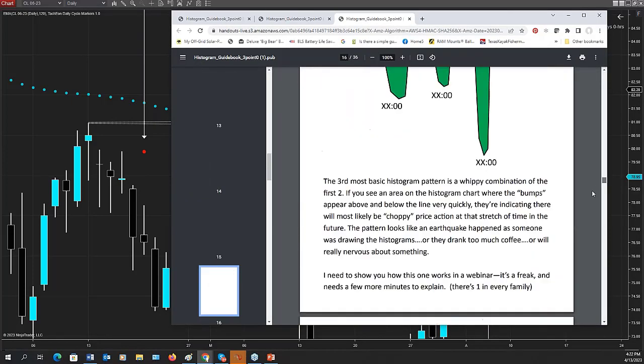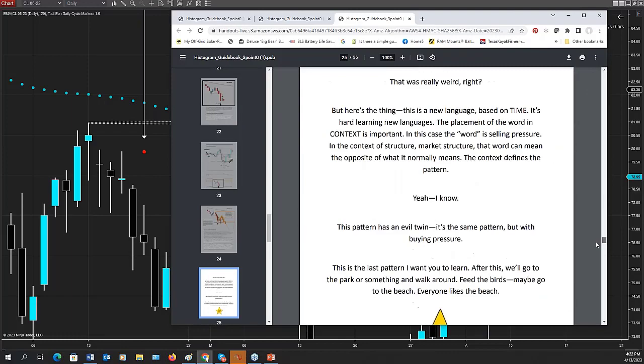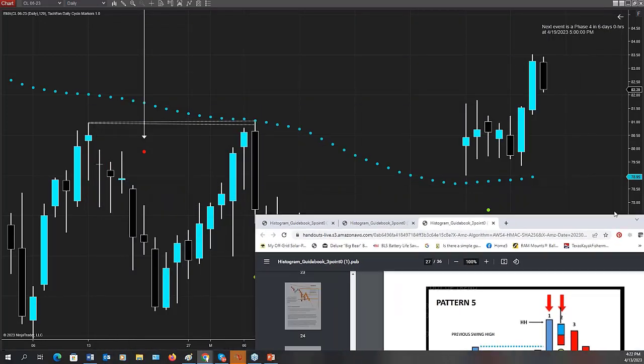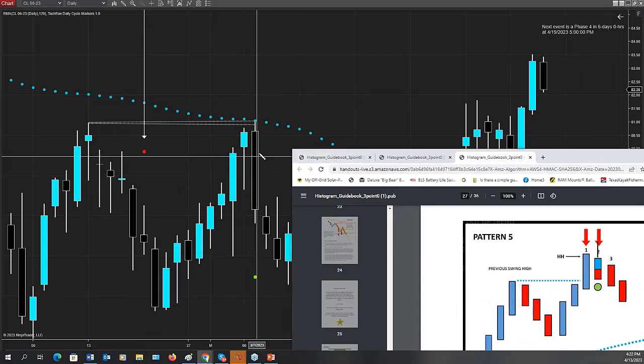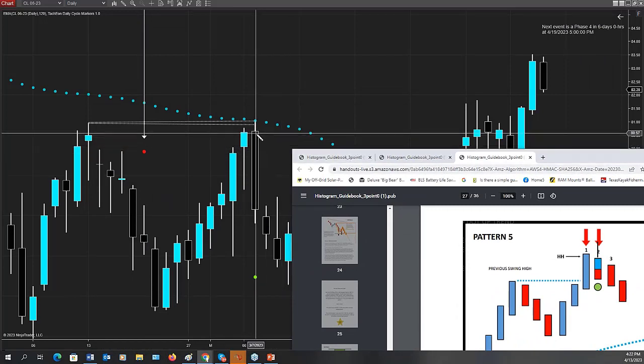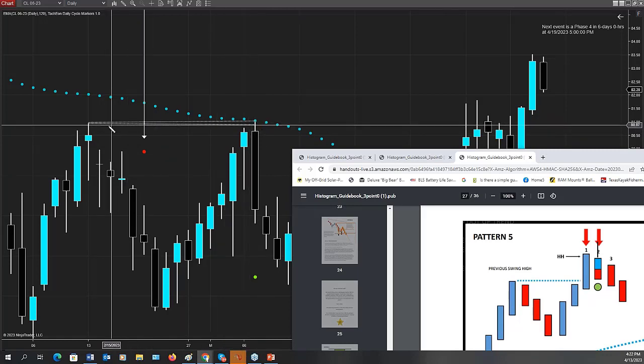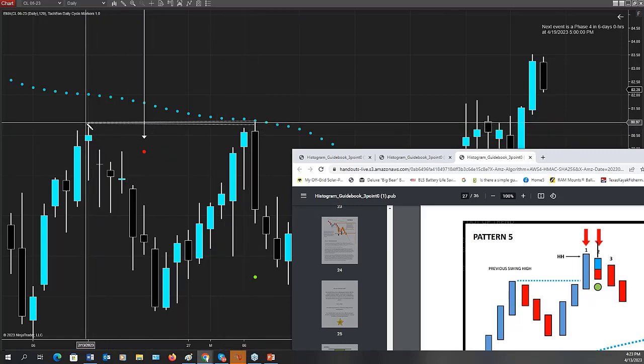Does it meet our definition of a pattern 5? Candle number 2 is a higher structural high than the prior swing high.